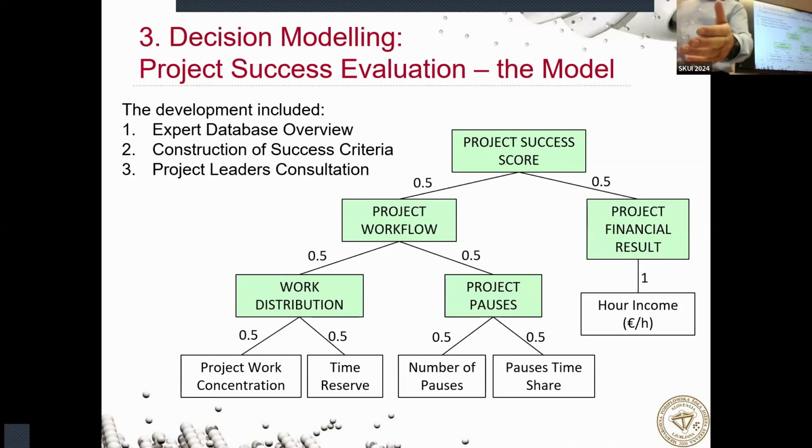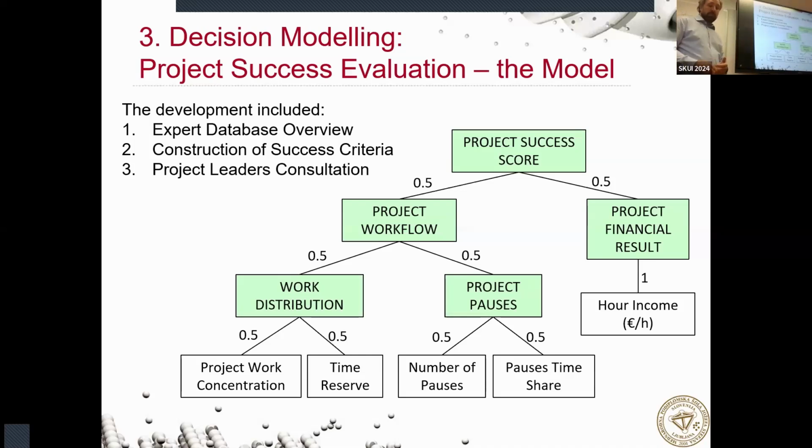You see at the top node is overall project success. Leaves are direct parameters from the database, and the weights are such that each parameter is equally important, so we can track the success or functionality of the process better.